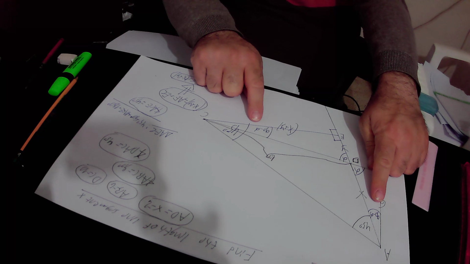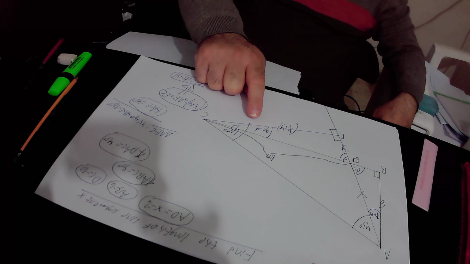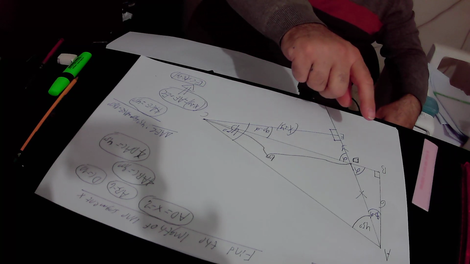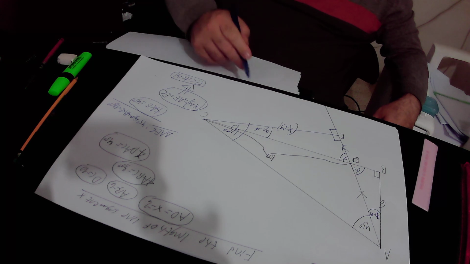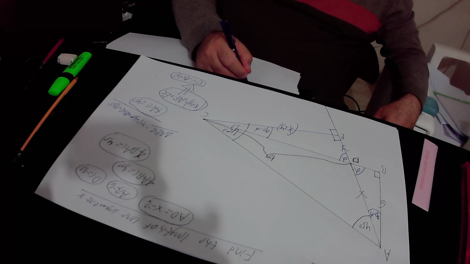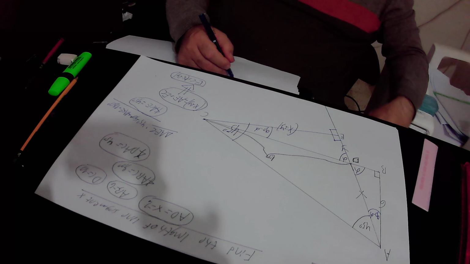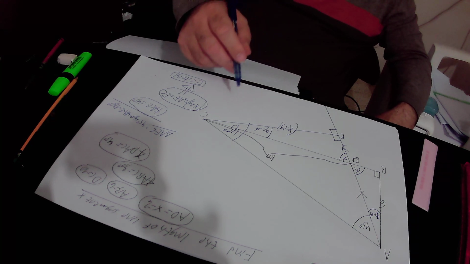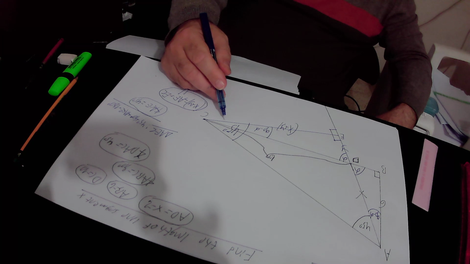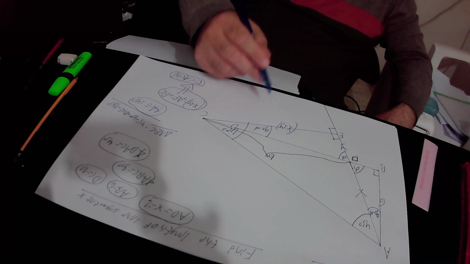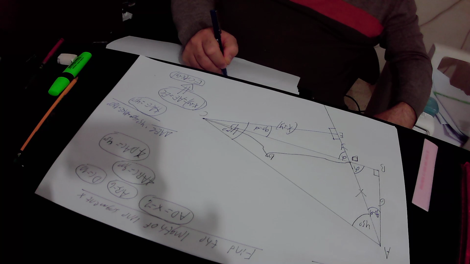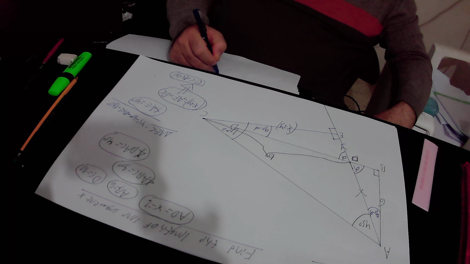And those two angles are also equal to each other, and they are both equal to 90 degrees minus alpha. So we can write down that angle BAD is equal to angle ECD, and they are both equal to 90 degrees minus alpha.